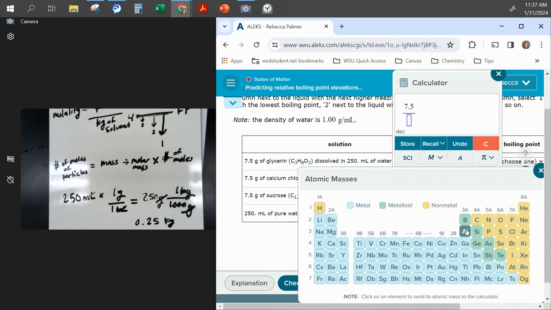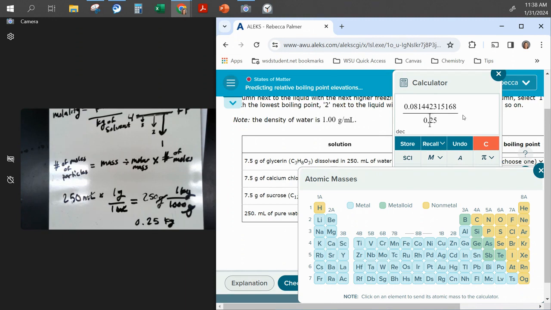So glycerin is 3 carbons, 3 times carbon plus 8 times hydrogen plus 3 times oxygen. So this is divided by the molar mass, and then I'm going to multiply by the number of particles. This is covalent, so there's only 1 particle. So I can multiply by 1, or that doesn't do anything. So then I have to divide by the kilograms of solvent.